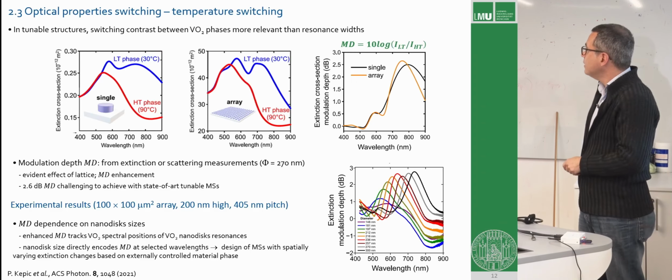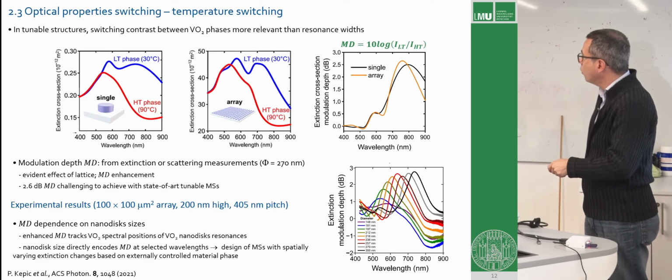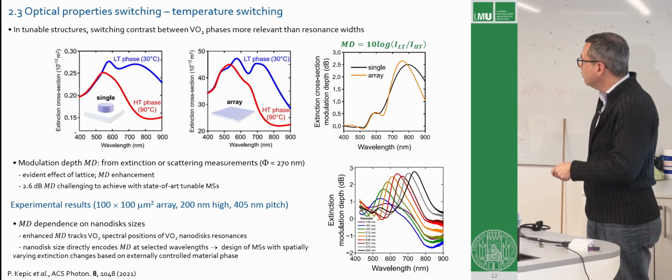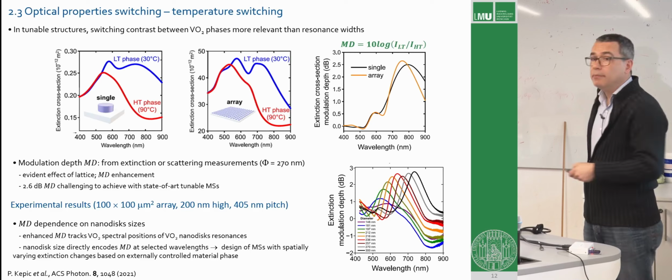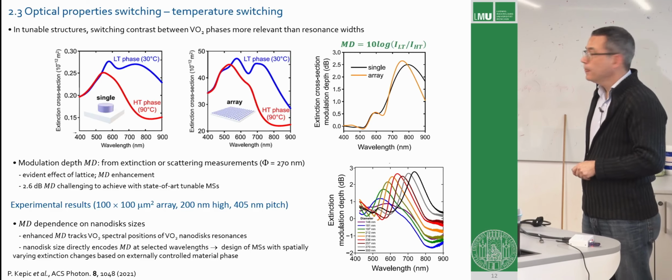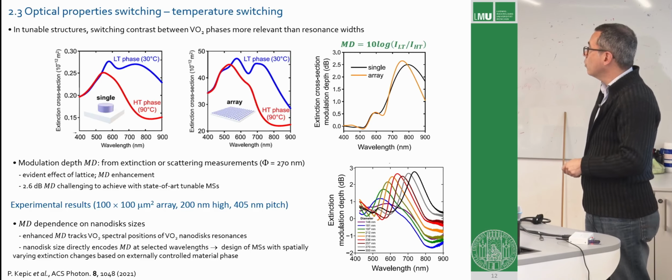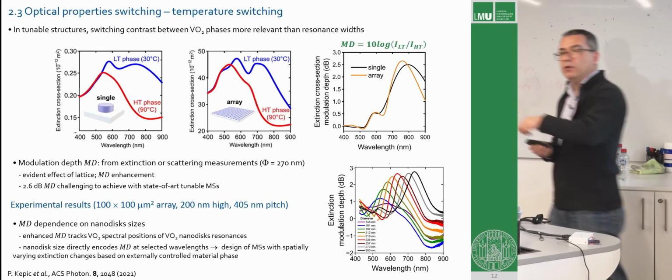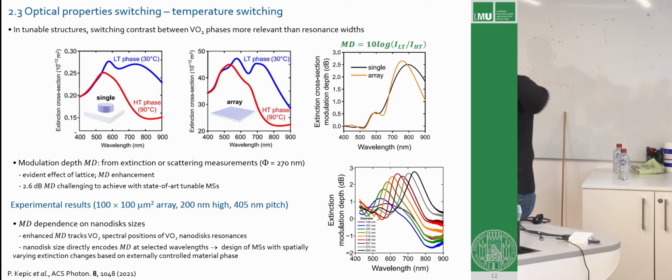And by the way, also for disks with different sizes, in a very decent spectral range here, the modulation depth is very large, 2.5 dB. And this is, of course, very important because it can allow us to design metasurfaces with spatially varying modulation depths.